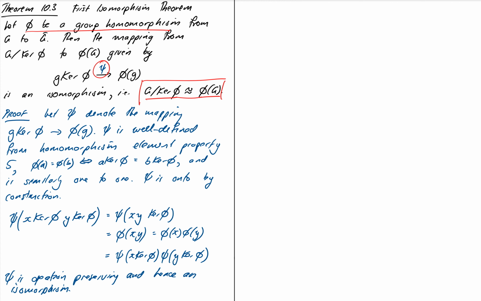So first off, we get to note what this says if we take a homomorphic image of our group. So this thing here, remember, is a homomorphic image. No matter what homomorphism we choose, we call that thing a homomorphic image of G.